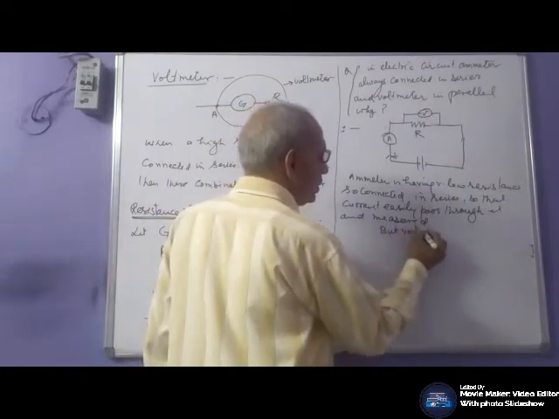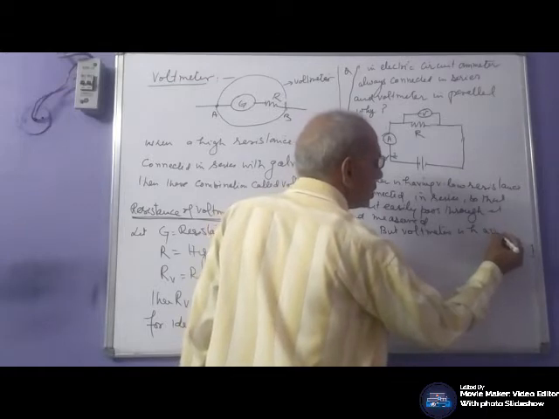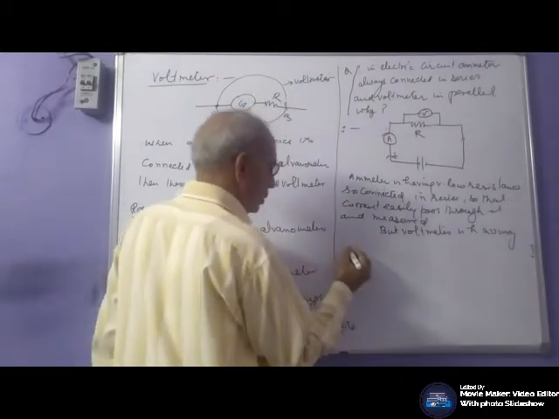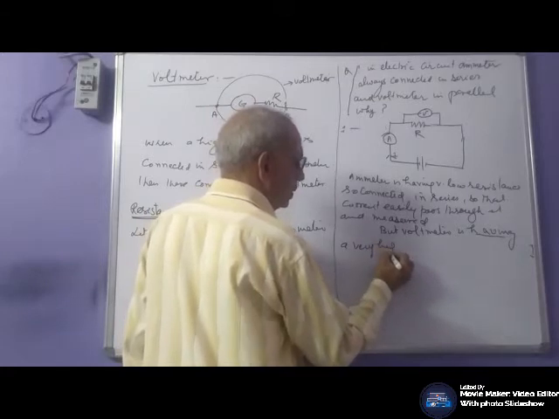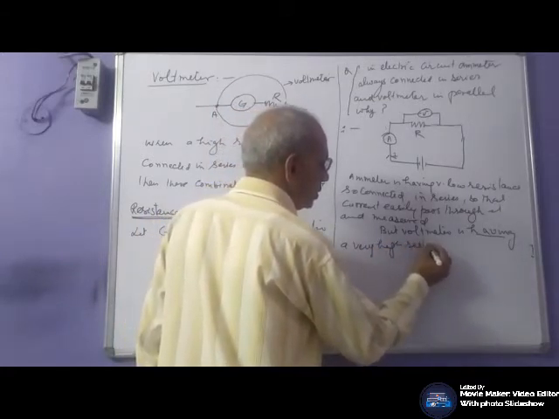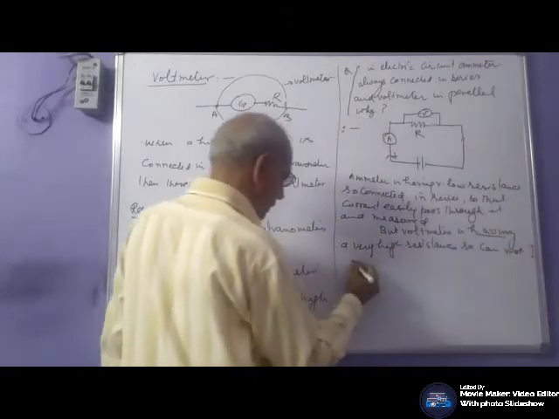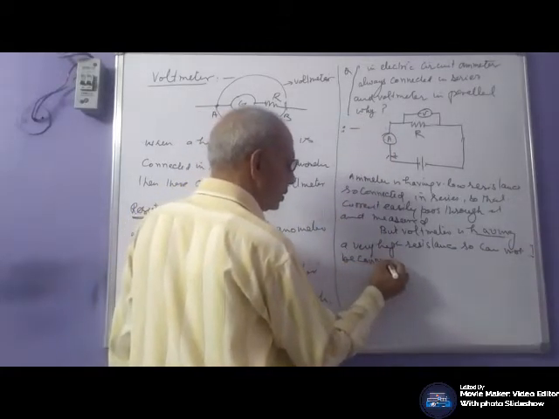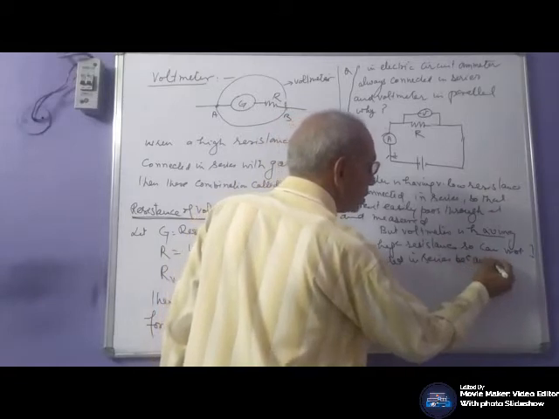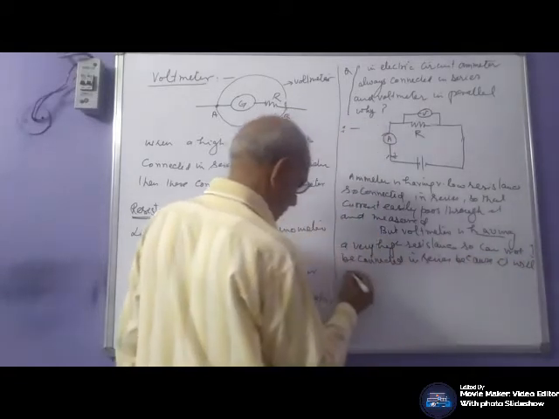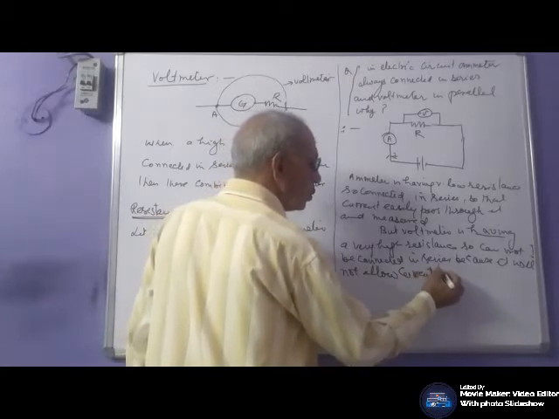But the voltmeter has a very high resistance, so it cannot be connected in series, because it will not allow current to pass.